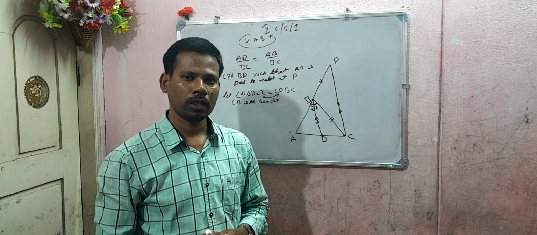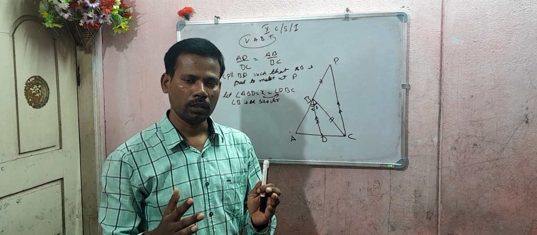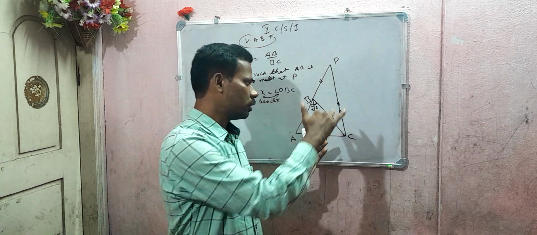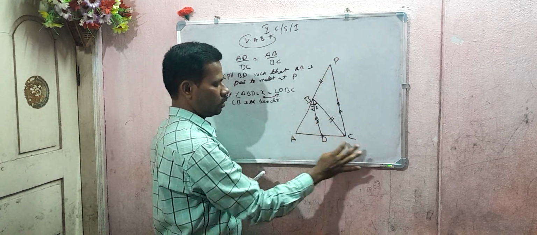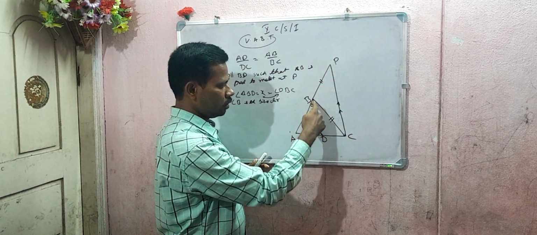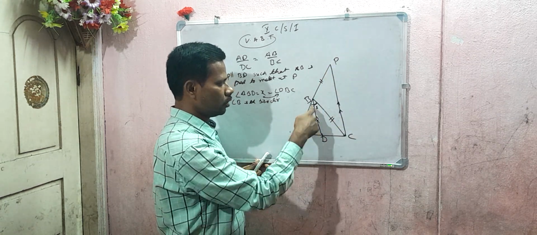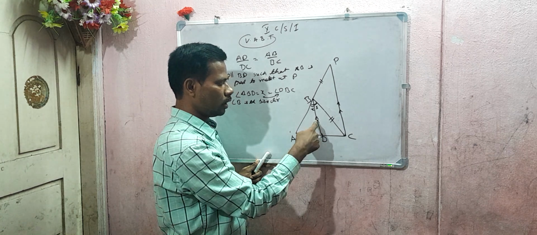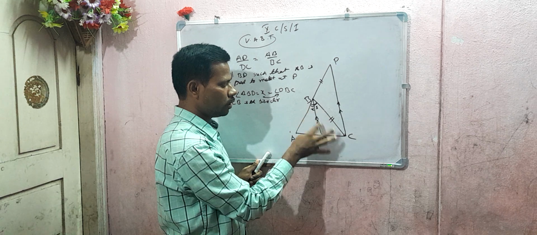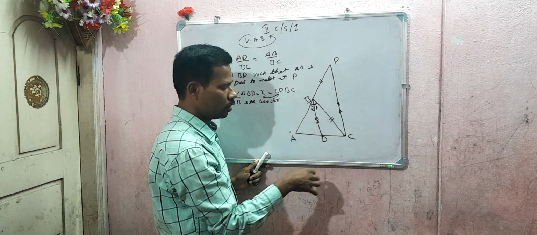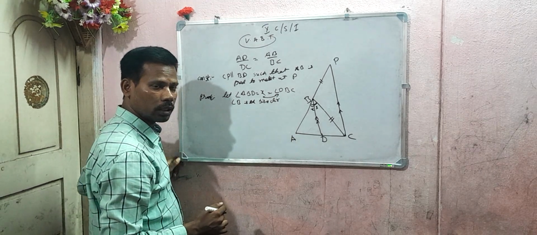What does the basic proportionality theorem state? If a line is drawn parallel to one side of a triangle, then it will divide the other two sides in the same ratio. Now this is the whole triangle ACP, and this line DB is parallel to CP. Are you getting it?